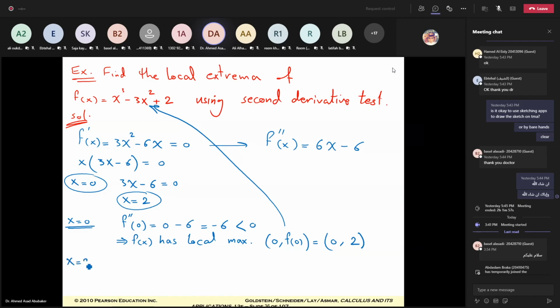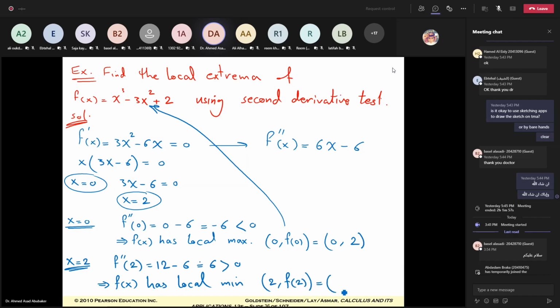The second one, substitute 2 in f double prime equals 6 multiplied by 2 minus 6. This is positive, equal 6, positive. So f of x has a local minimum at x equals 2, and f of 2 we substitute 2 in f of x.